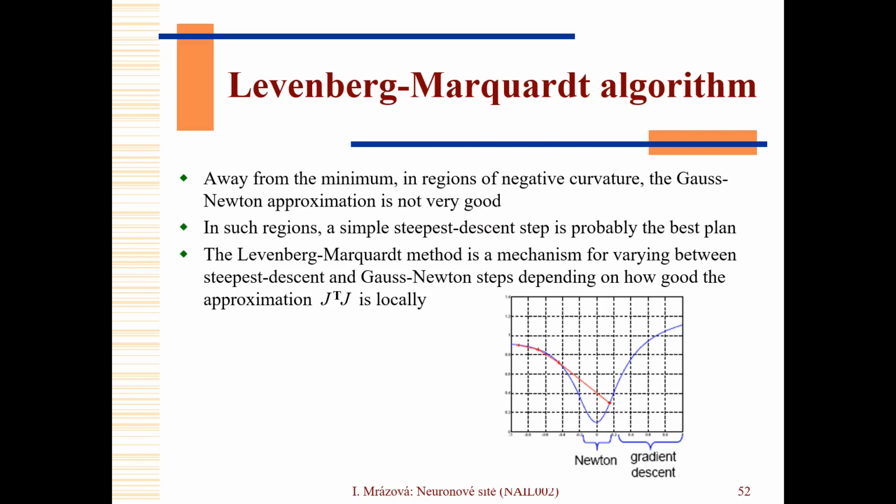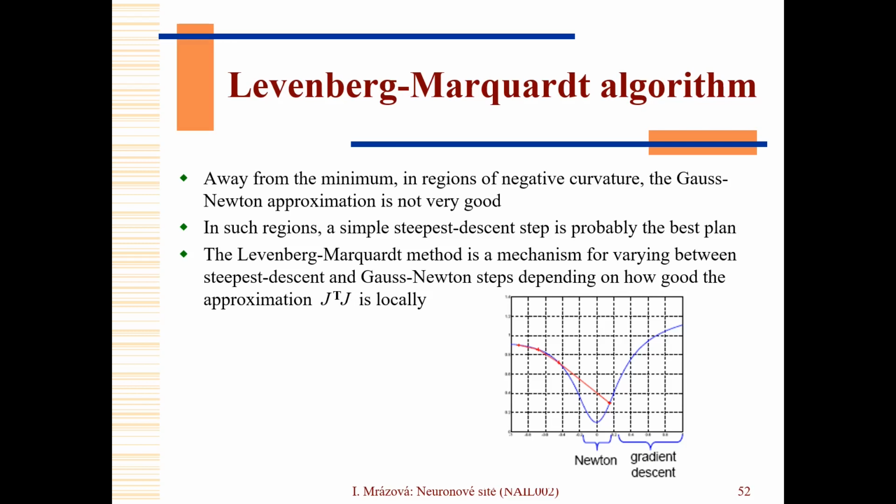So if we are in the vicinity of the optimum weights and the approximation of the Hessian taken as a product of the two Jacobians is good, then the Gauss-Newton part of the algorithm performs well.